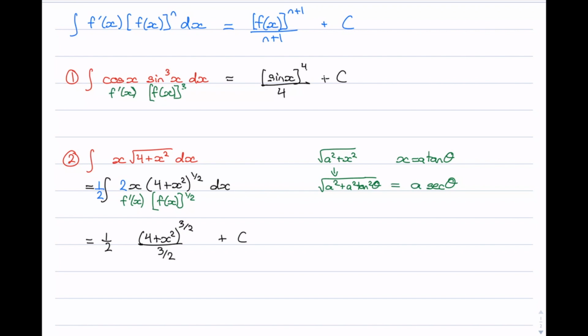Now a half times 1 over 3 on 2, that's just going to give me 1/3, 4 plus x squared. Because it was written in surd form, it's probably nicest to write it again in surd form. So this will be the square root of 4 plus x squared, cubed, and of course plus c. And that's our final answer. We've avoided making a trig substitution.